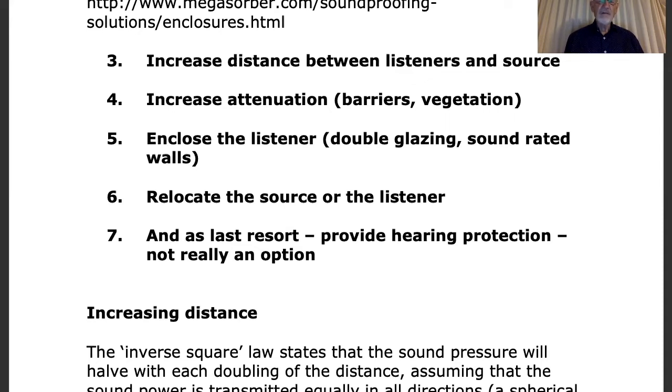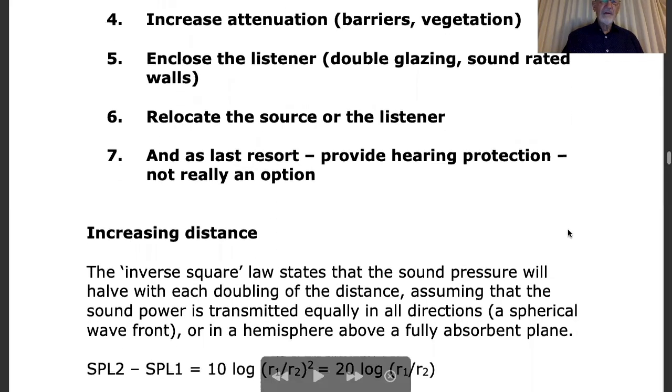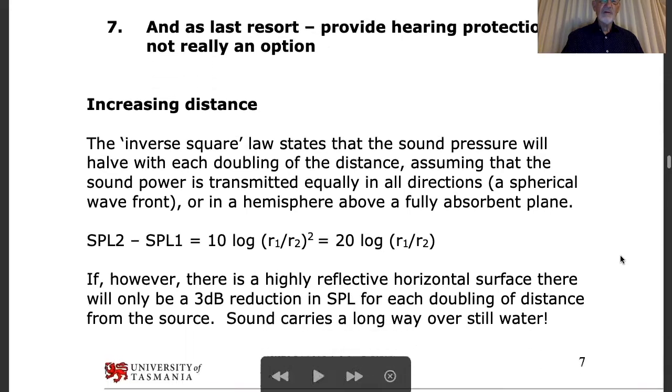The example I give is that there are some very noisy industries which are deliberately located in the flight paths adjacent to aircraft comings and goings. That's a good example of sensible location of noisy sources together. And as a really last resort, to provide hearing protection, but that's not really an option, as I say there. So, increasing the distance, let's have a look at that now.